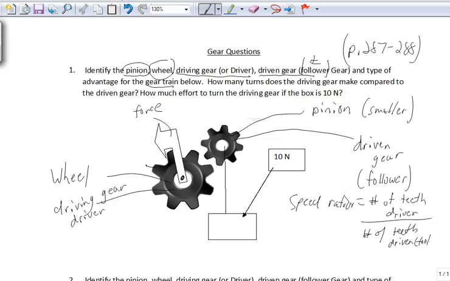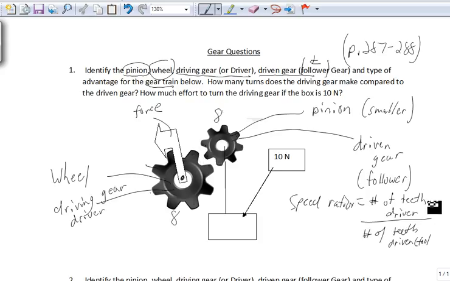So let's count the teeth. 1, 2, 3, 4, 5, 6, 7, 8 teeth here. 1, 2, 3, 4, 5, 6, 7, 8 here. So they're the same size.